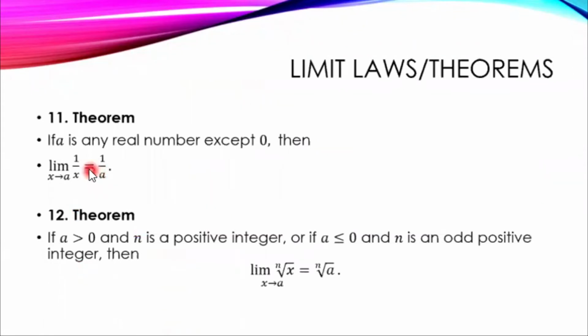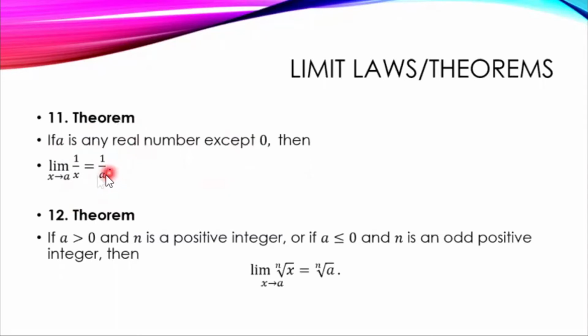Theorem number 11 states that if a is any real number except 0, then the limit of 1 over x as x approaches a is equal to 1 over a. This is quite easy because we already discussed the limit of the quotient of two functions.